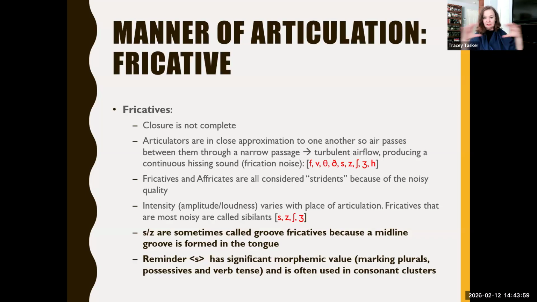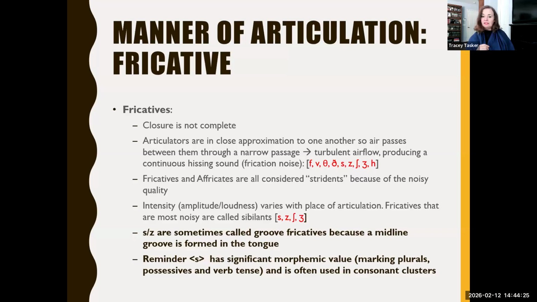Strident is a larger category. Sibilant is a smaller subcategory for these very noisy sounds. So s, z, sh, zh, and j. Okay. S and z are sometimes called groove fricatives. And your book talked about this because there's a midline groove formed in the tongue when you make those sounds.